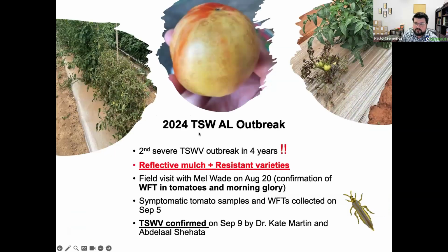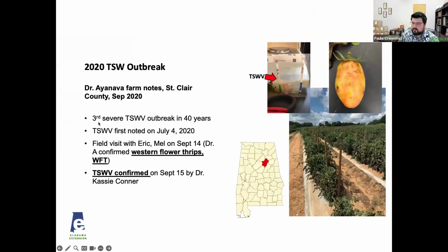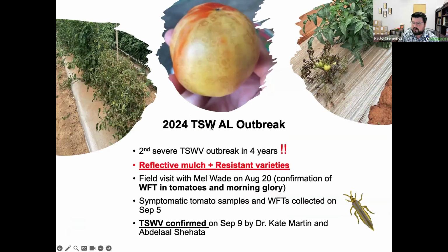In 2024, last year when I first started here, we had another outbreak in the same area. It was the second severe tomato spotted wilt virus outbreak in 4 years. So we had 3 outbreaks in 40 years, but now we had this.